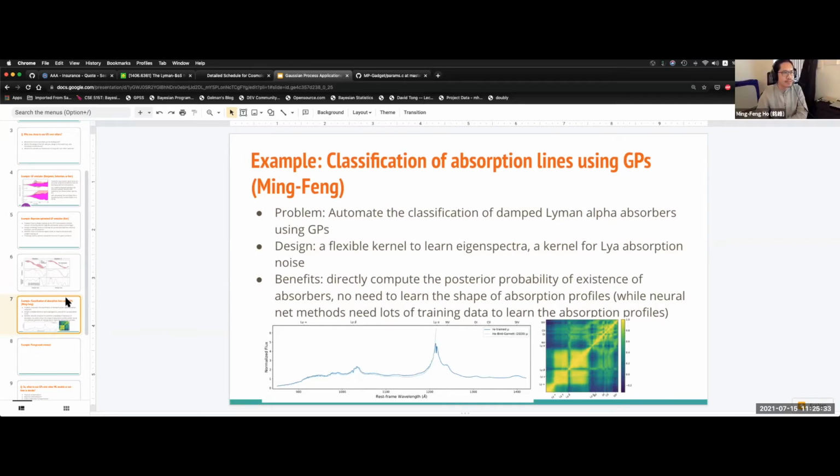So what we want is to use a Gaussian process to classify Lyman-alpha absorbers, which are very dense hydrogen clouds in the universe that show a specific absorption feature in quasar spectroscopy observations. What we use the Gaussian process for is not to classify the absorption feature.